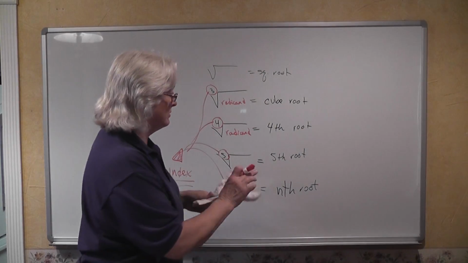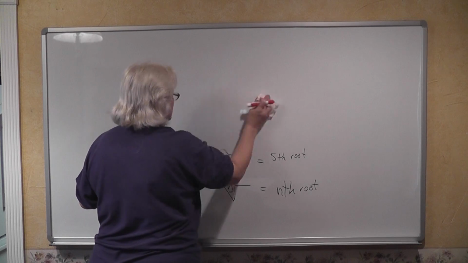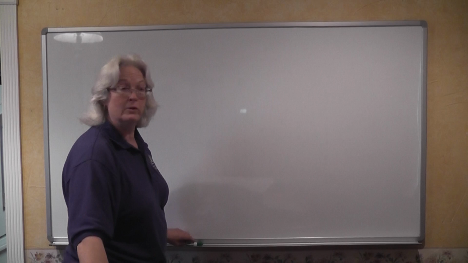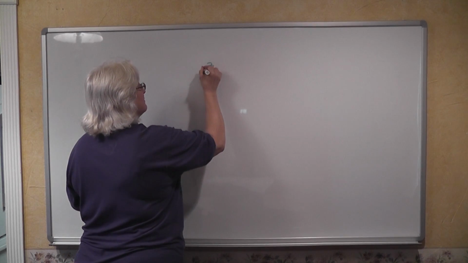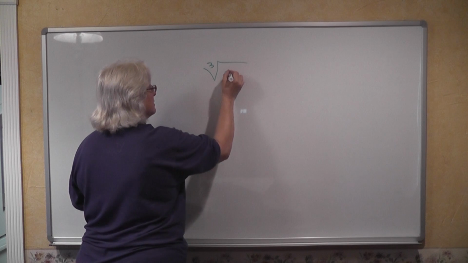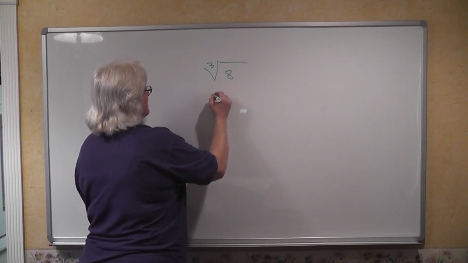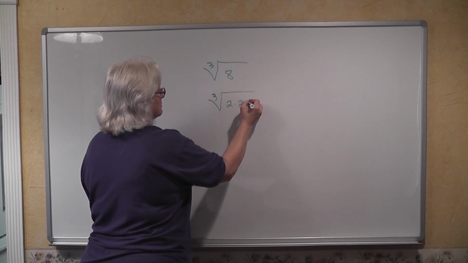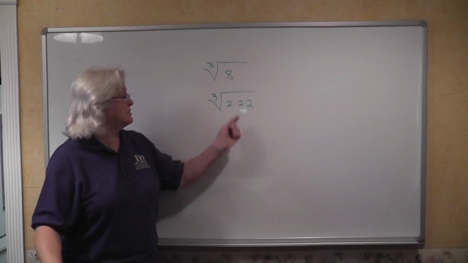So if a square root is one of the number's 2 equal factors, what would a cube root be? A cube root is going to be one of a number's 3 equal factors. So if we want the cube root of 8, well, it just so happens that 8, when you prime factor it, is 2 times 2 times 2.